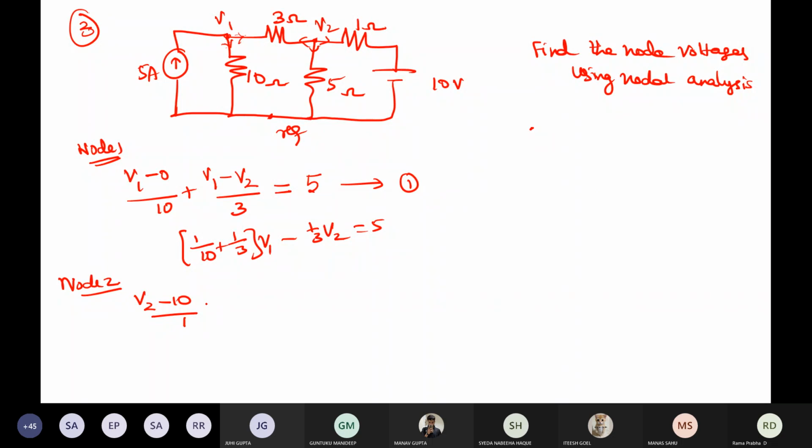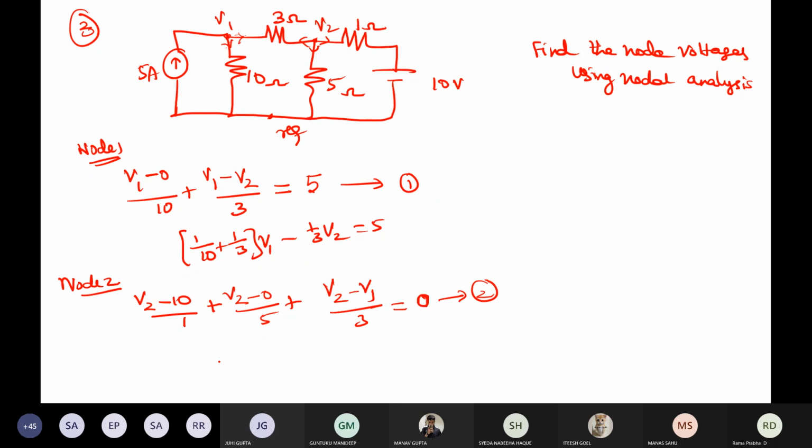Plus, for the 5 ohm branch, it will be V2 minus 0 by 5. Later you can omit that 0 and write only V2 by 5, that is also right. So this branch, how do you write? V2 minus V1 by 3 is equal to 0. This will be the second equation.